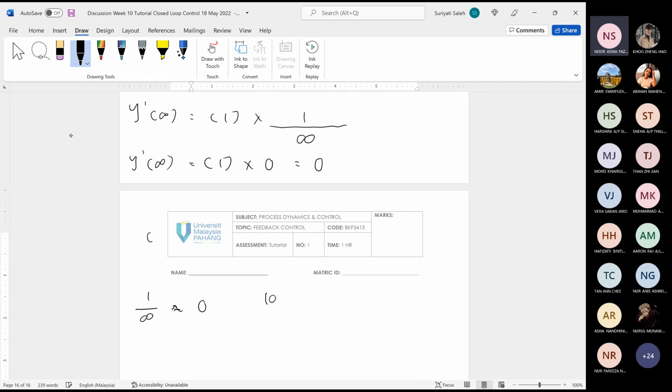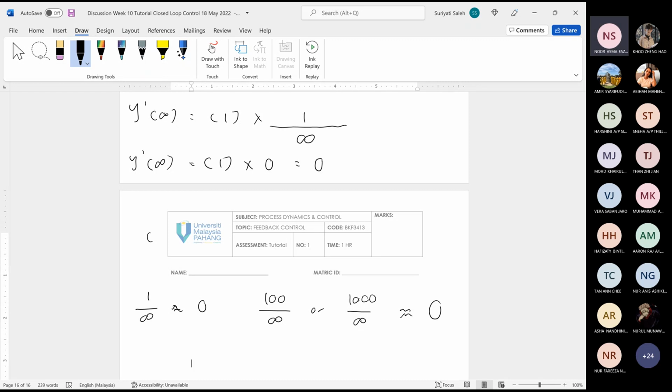If you have 100 divided by infinity or 1000 divided by infinity, all of these also contribute to 0, because we don't know what the value of infinity is. It's not like 100 divided by 1 million, since infinity may be larger than that. So the best way to estimate 100 divided by infinity or 1000 divided by infinity is to approximate it as 0. That is the simple way.